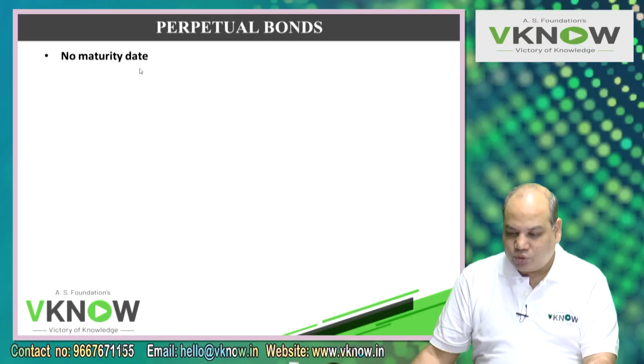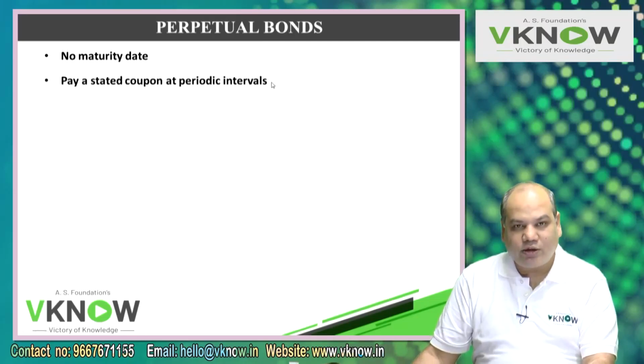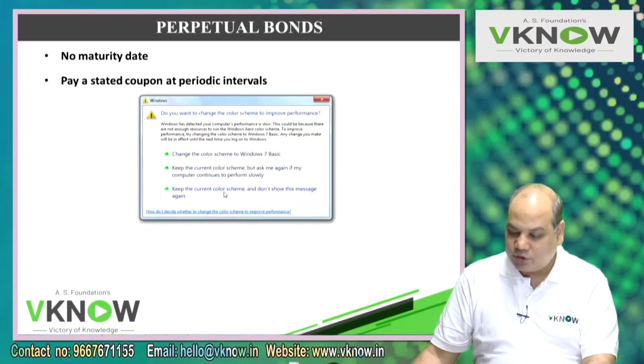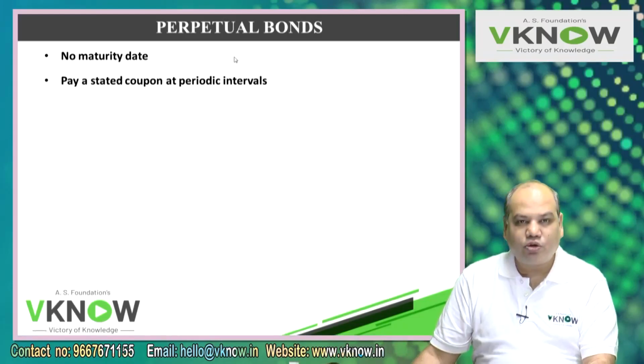So only coupons will be paid. There is no redemption date, hence there is no redemption value, and they will pay coupon at a stated amount at periodic intervals. So this perpetual bond also can pay annual coupon. Perpetual bonds can also pay semi-annual coupon.